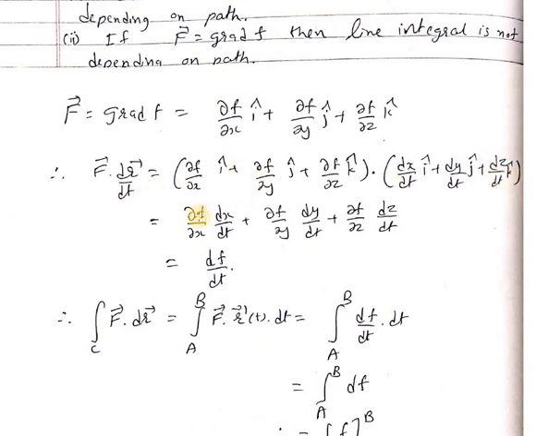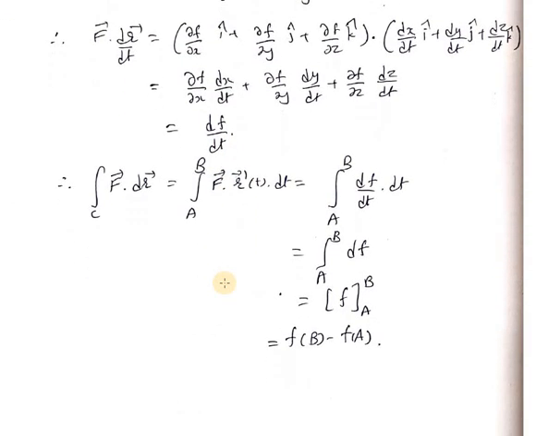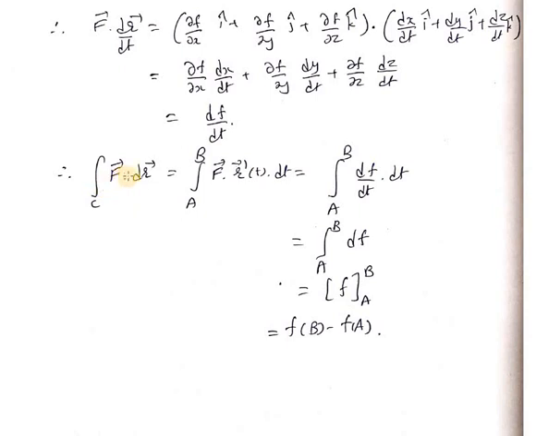So if you take the dot product, then you will have del F by del x into dx by dt plus del F by del y into dy by dt plus del F by del z into dz by dt. If you remember, this is nothing but the total derivative dF by dt, which we have learned in partial derivatives in semester 1. Now using this, integration of F dot dr is equal to integration from a to b of F bar dot r dash t dt.